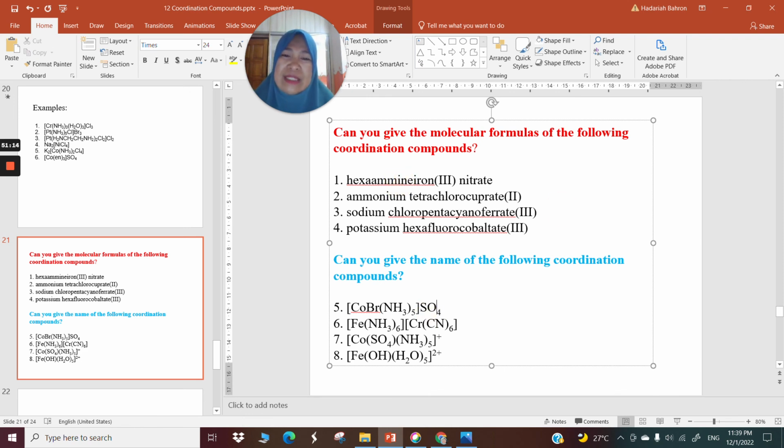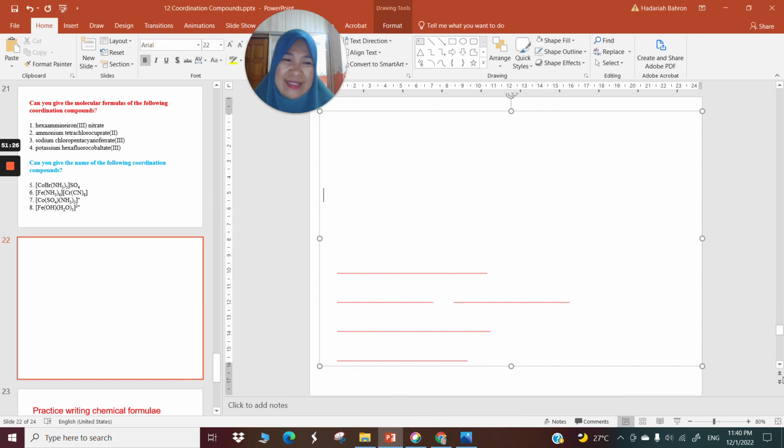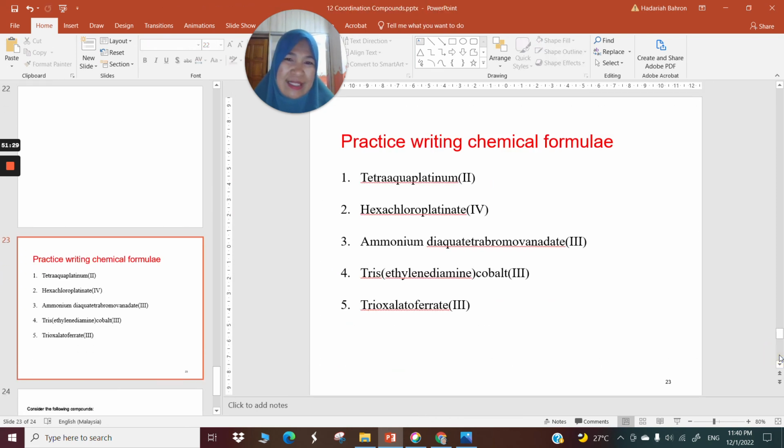Down here, please change this formula to names of the compound. This 5, 6, 7, and 8. Yeah? Practice exercise. These are your answers. I'm not going to reveal the answers yet.